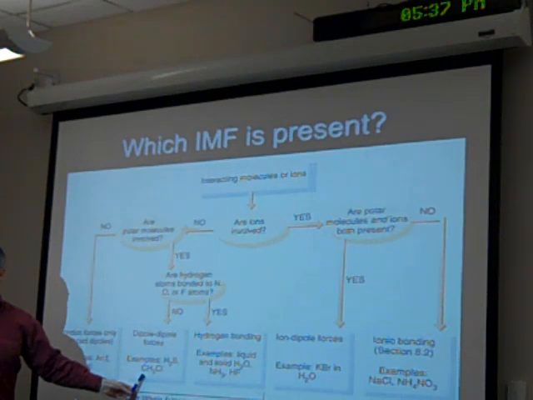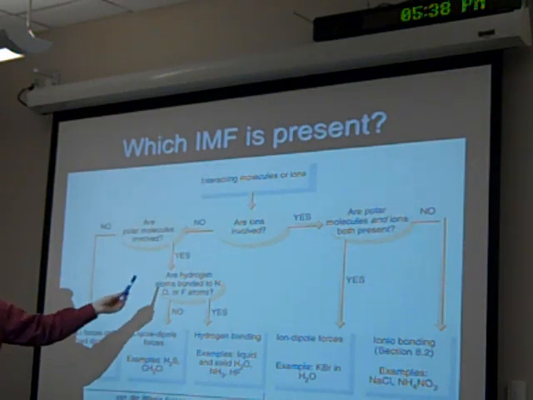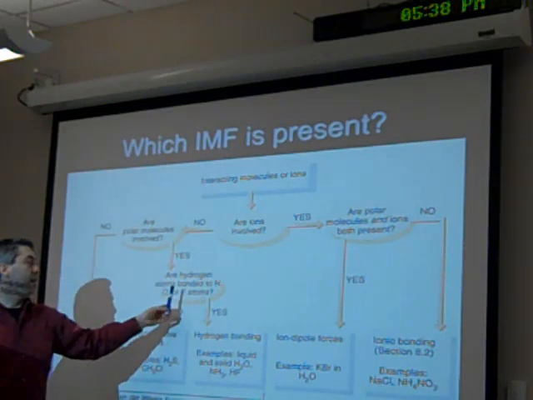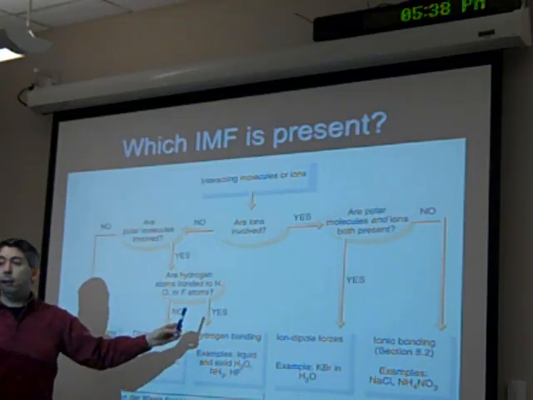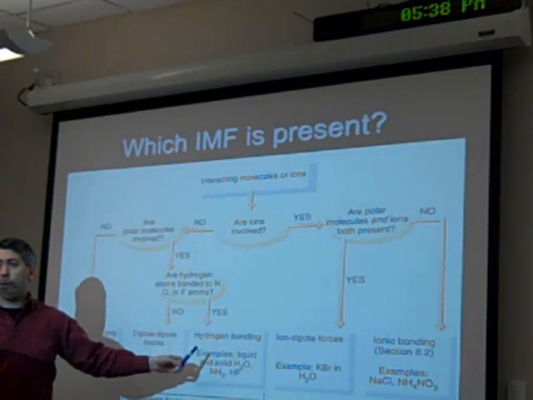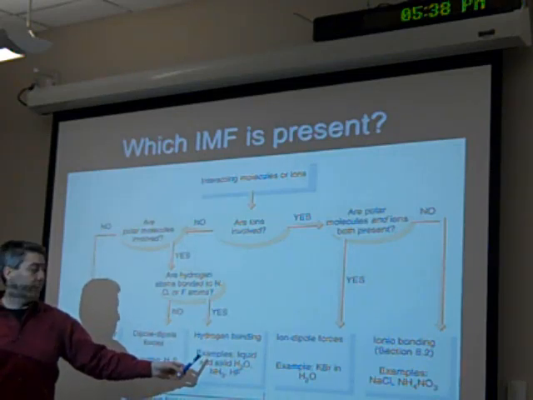Permanent partial positives and partial negatives, but relatively weak still, not super strong. If you have HN, HO, or HF atoms, and you have hydrogen bonding, then you have very strong partial positives and partial negatives.